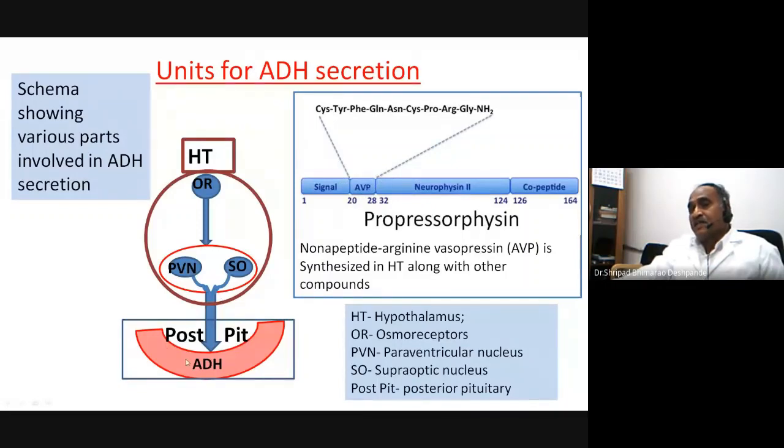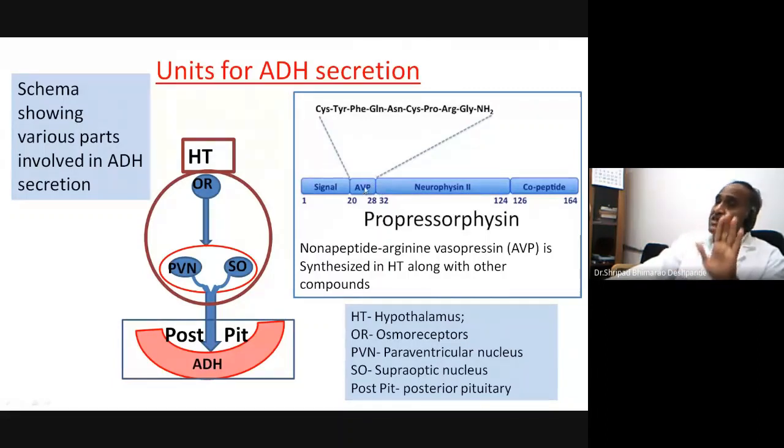So the half-life of the released ADH is only about 18 to 20 minutes. It is metabolized by the peptidase present in the plasma and the extracellular fluid.